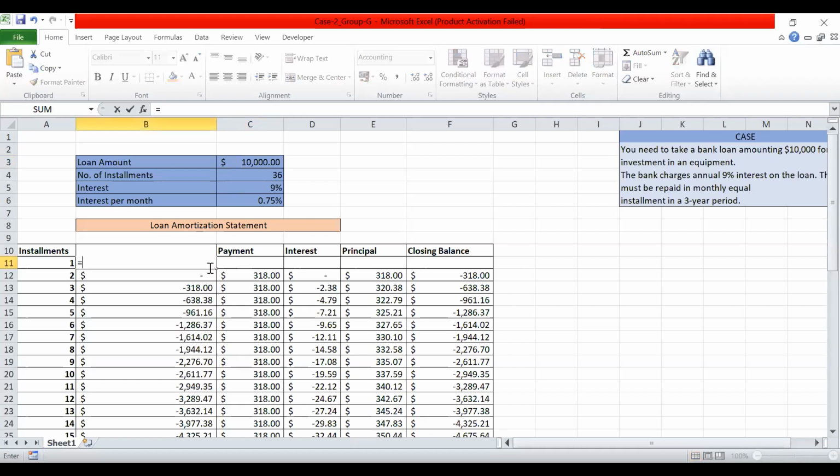You need to say what you are doing. It is not just typing. You need to speak out. Yes, sir. So the loan amount is the opening balance, that is $10,000.